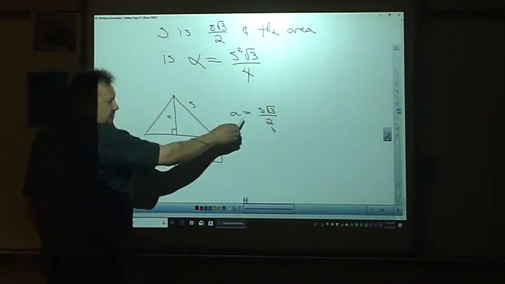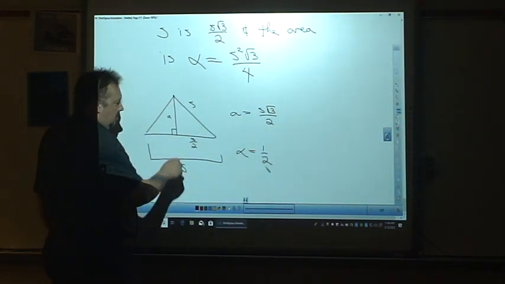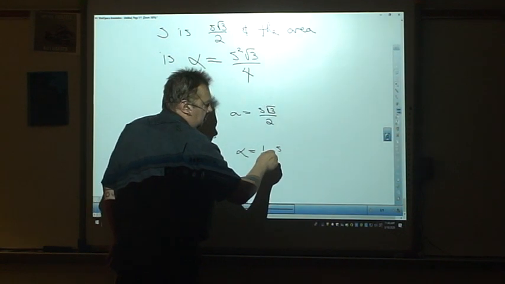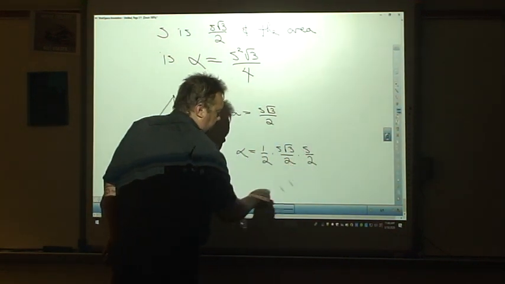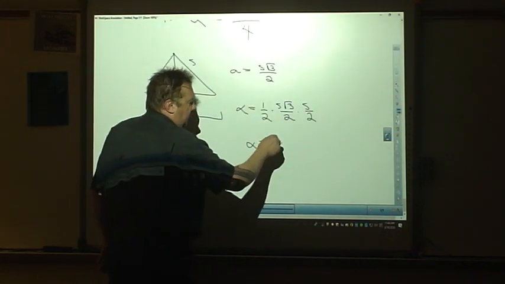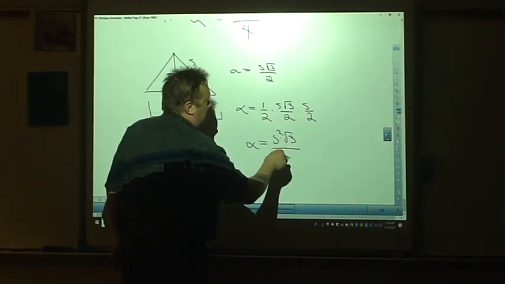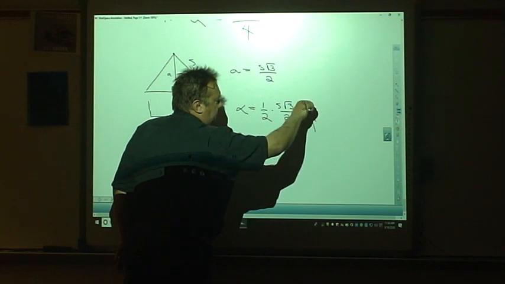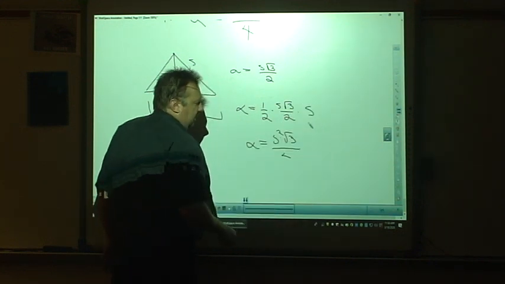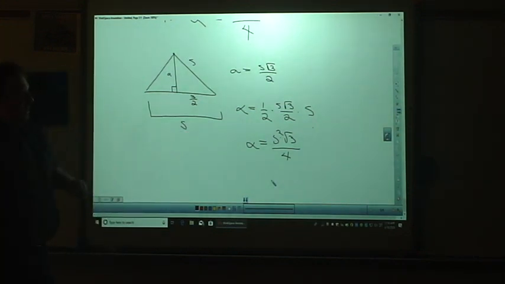That means the altitude is this, and to find the area, we do 1/2 our altitude times our base, which gives us, excuse me, this should be just S, not S over 2 because it's the whole base. See, I still make mistakes. And I get S squared square root of 3 over 4.